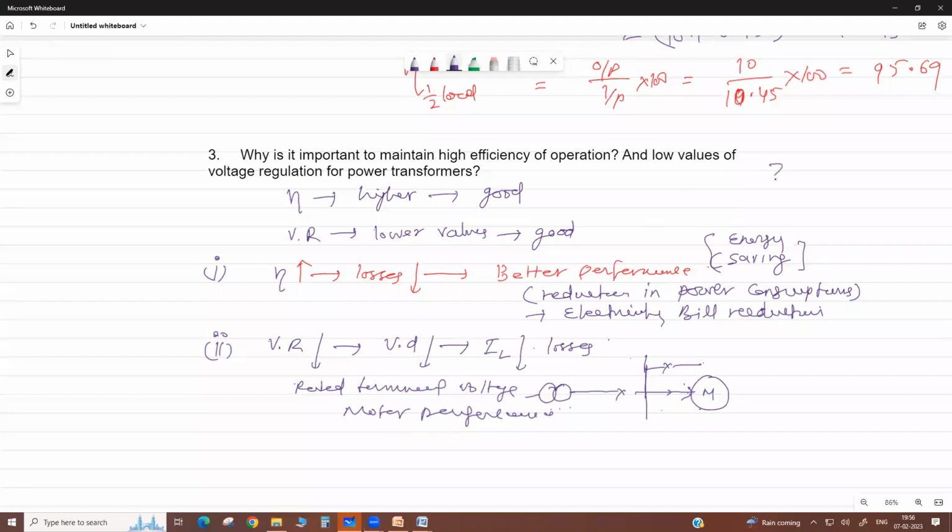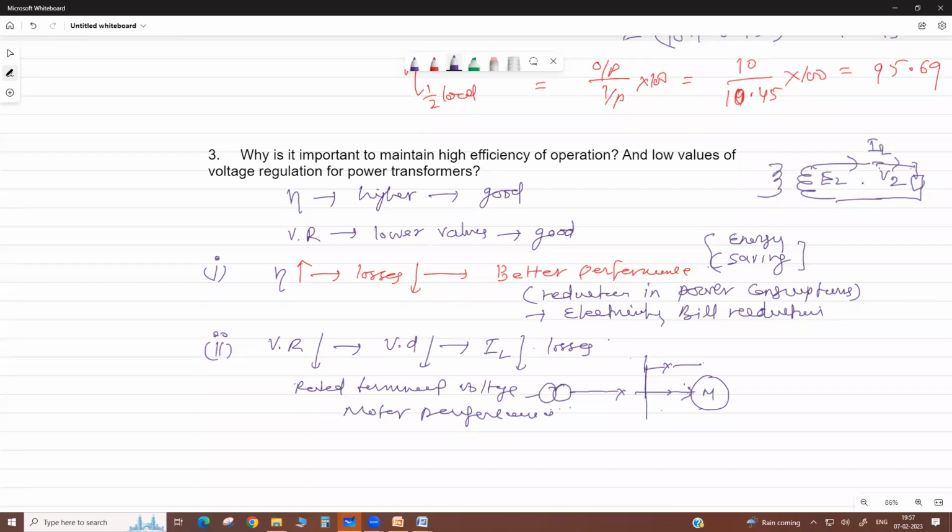Because a lower value means you get a rated voltage, good voltage, at the load terminal, and better voltage means your load current is reduced. Due to Ohm's law, why does current flow here? Due to this voltage difference, VD.